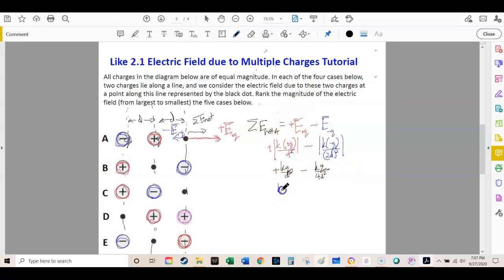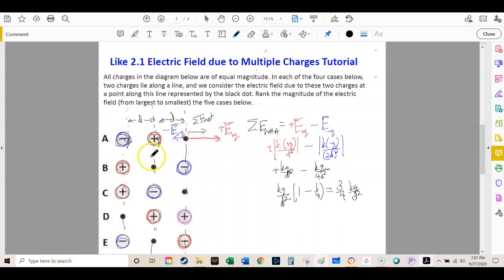I'm going to factor out a kq over d squared, and you get 1 minus 1/4, and so that'll be 3/4 kq over d squared. Okay. So the size of this electric field vector right here is 3/4. Okay. All right. So that's the first one.